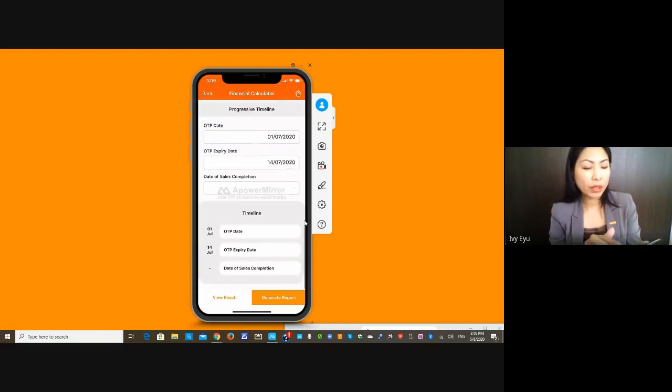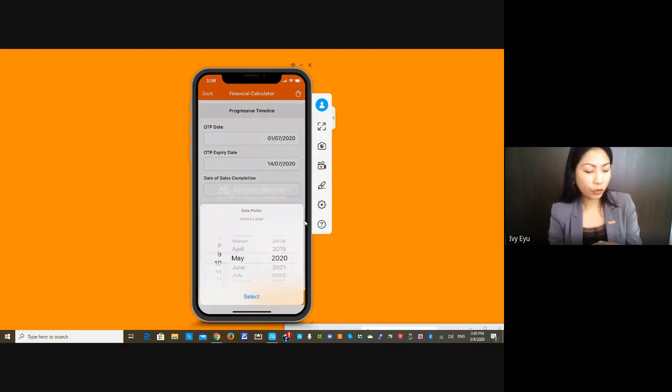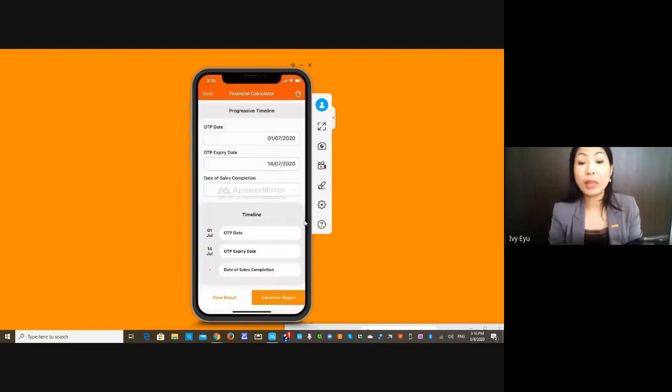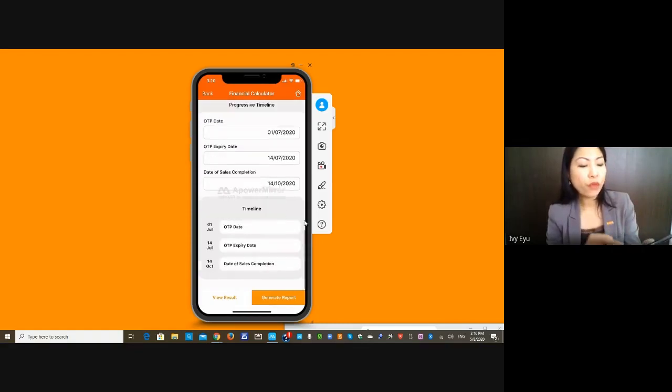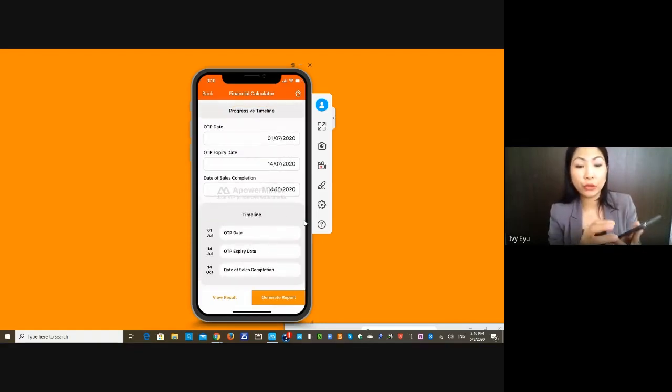I will normally take about 12 weeks for completion, so I will choose 14 of October instead. This is just an estimated timeline, but it all depends on the negotiation of the sale and purchase. From here, you can see from the timeline there are 3 dates: OTP date, OTP expiry date, and also the date of sales completion.